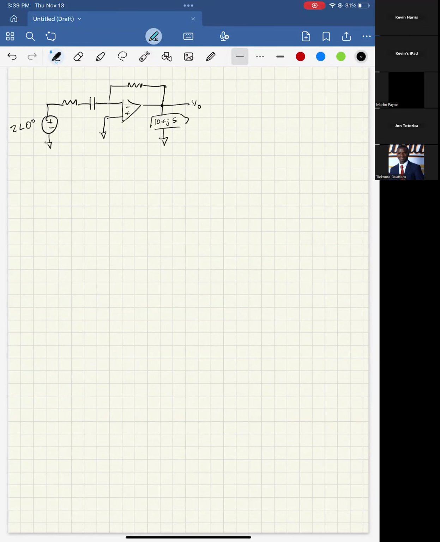It's asking for the complex power of ZL and the power factor of ZL.